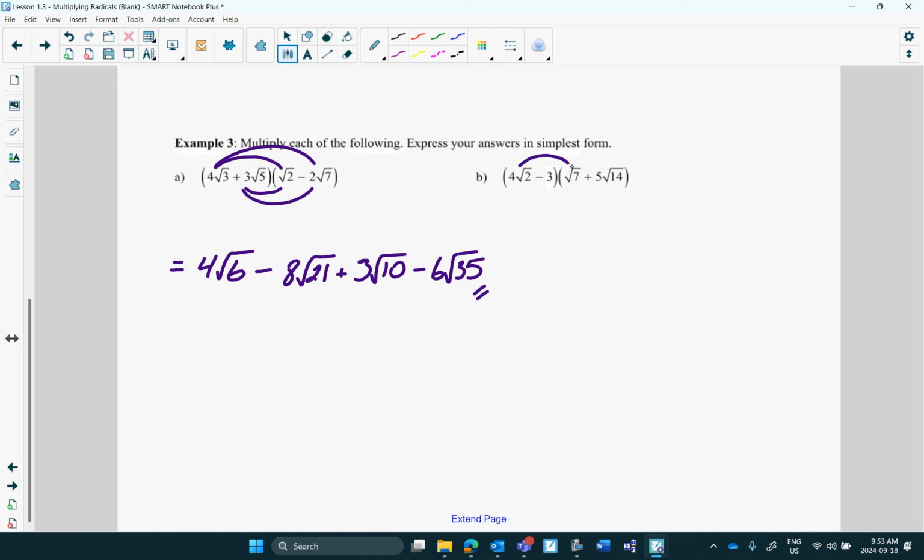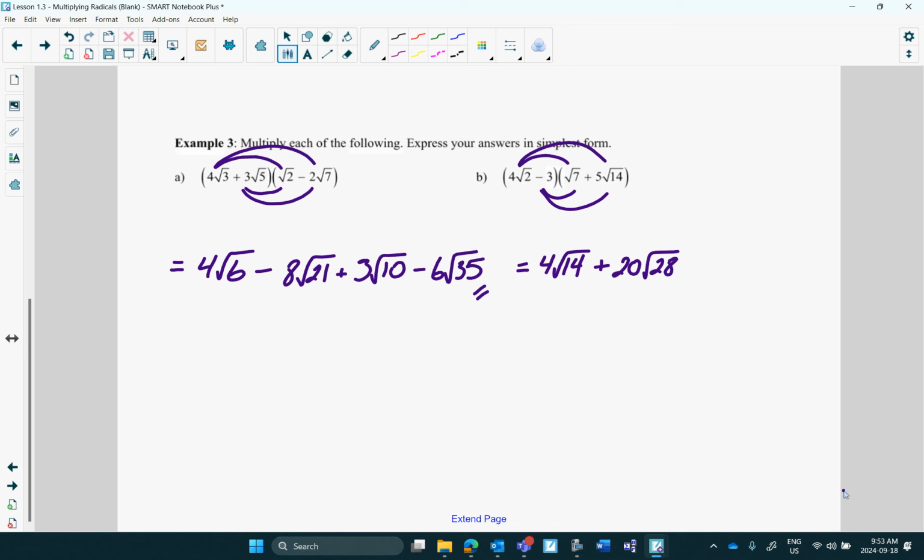From AB, 4 multiplications. 4 root 2 times root 7. 4 root 14. 4 root 2 times 5 root 14. 20 root 28.